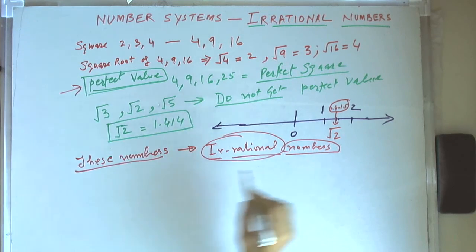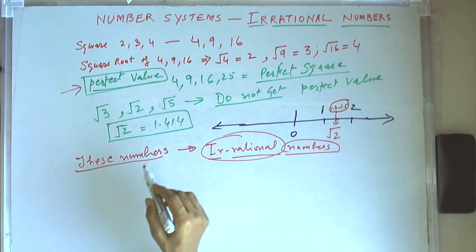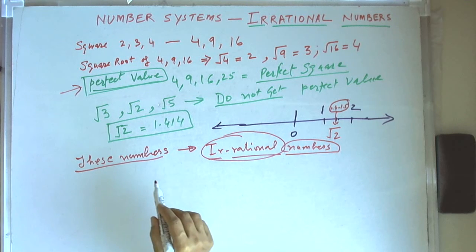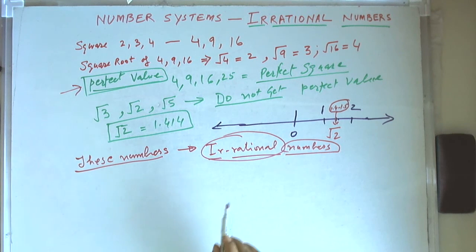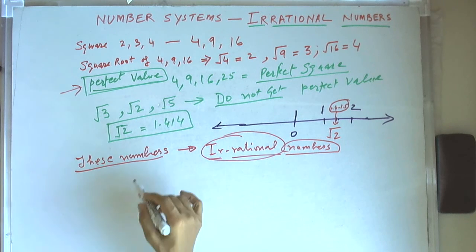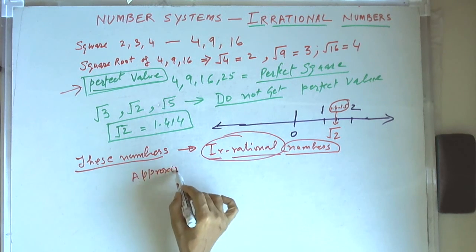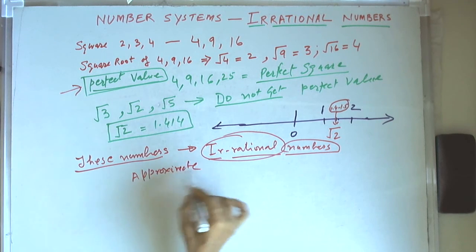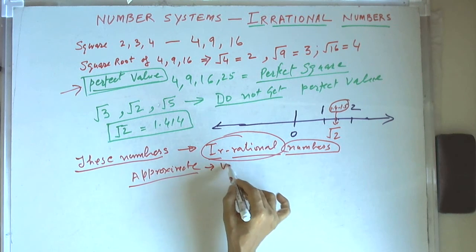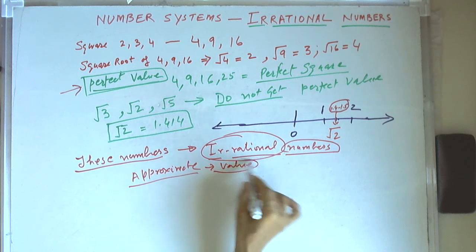They cannot be represented either in decimal form or in fraction form by a perfect number. They are only represented by approximate values. We always get only an approximate value.